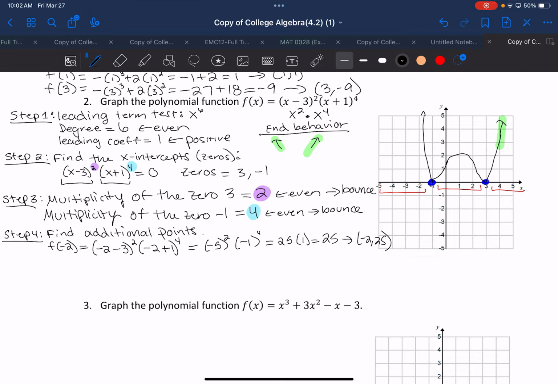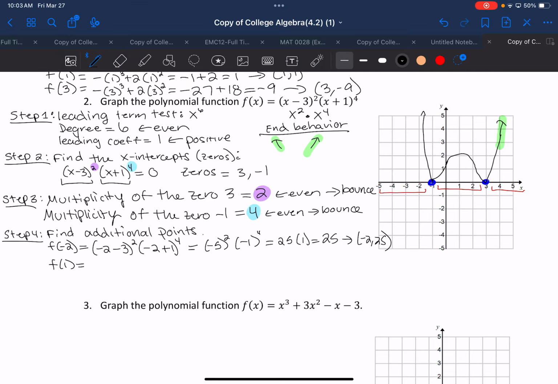All right. Then I'm going to find a point in between my 2 zeros, in between -1 and 3. So I could plug in 1. I could even plug in 0, really. It doesn't matter. But the reason why I'm going to plug in 1 is because it's in the middle of those two.